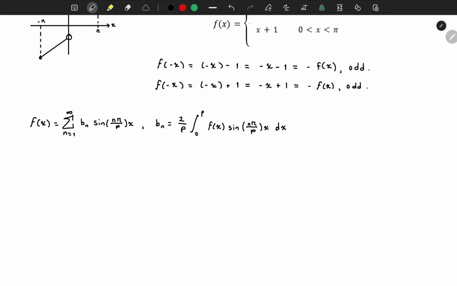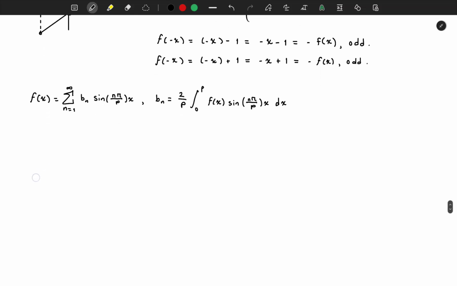So that's what b of n is. In order to find our Fourier series, we're going to have to find this first. So let's go ahead and start solving for b of n.